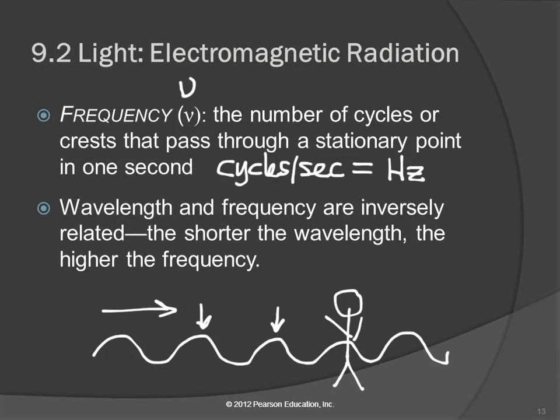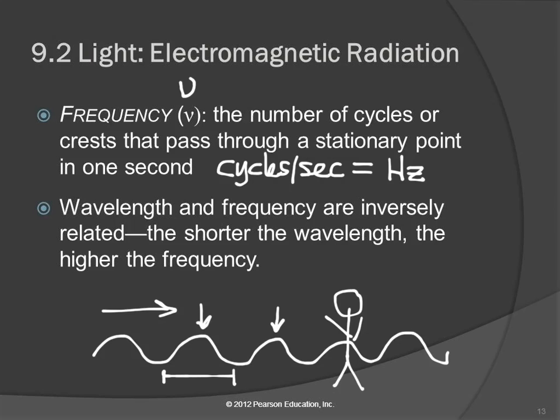The wavelength and the frequency are inversely related. Light always travels at the same speed. So this wave of light is always traveling, its velocity is the same. This particular wave that I drew here has a relatively long wavelength. Right?